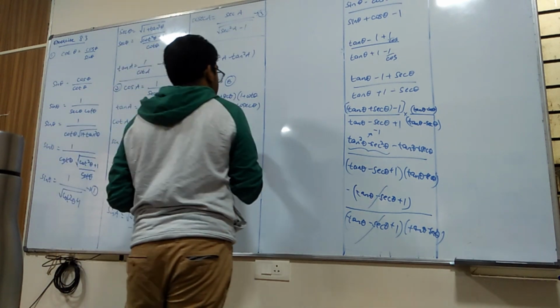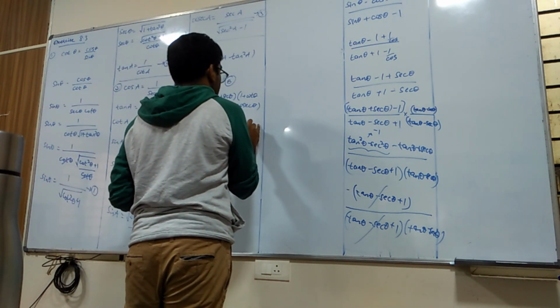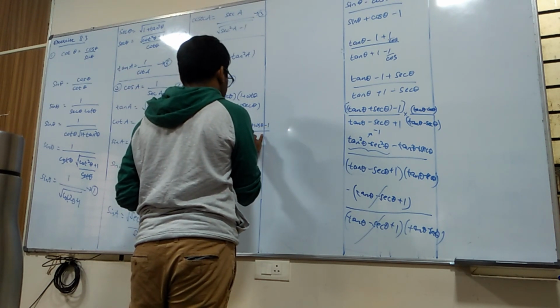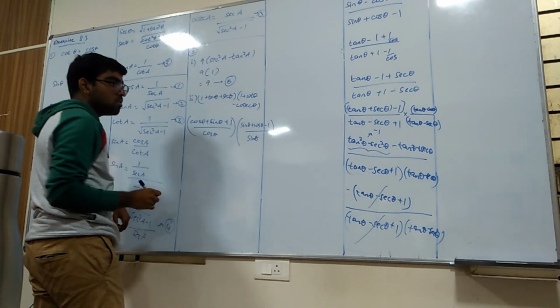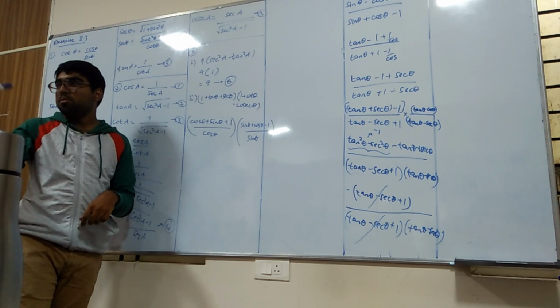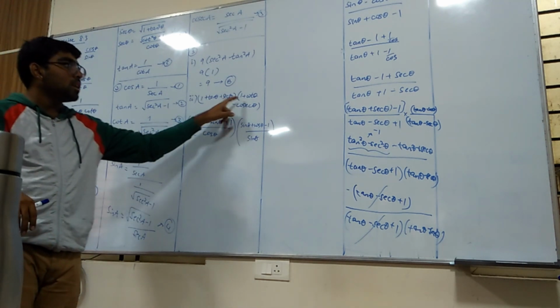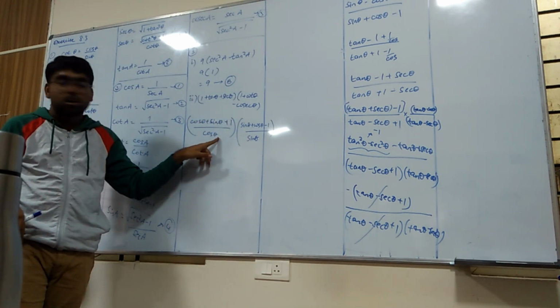Second part will be sin theta plus cos theta minus 1 divided by sin theta.